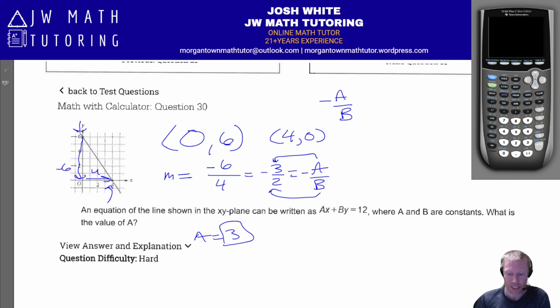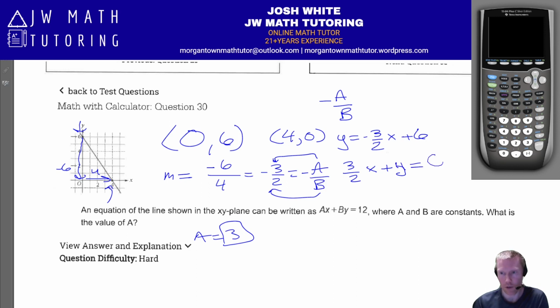However, if you didn't remember that, you could write the equation in y equals mx plus b slope-intercept form. You could say y equals negative 3 halves x plus 6, because we already know the y-intercept. Now we add 3 halves x to both sides, and you get 3 halves x plus y equals 6.